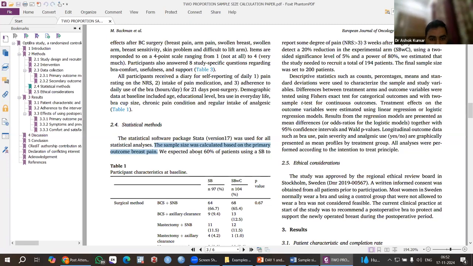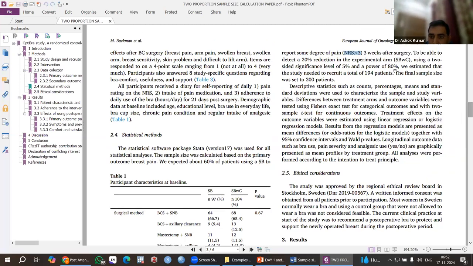We expected about 60% of the patients using a standard bra to report some degree of pain, that is NRS greater than 3. So if the patient's numerical rating scale score is greater than 3, they are giving that it is a pain. If NRS is 3 or less than 3, it means there is no pain. They have categorized into pain and no pain.